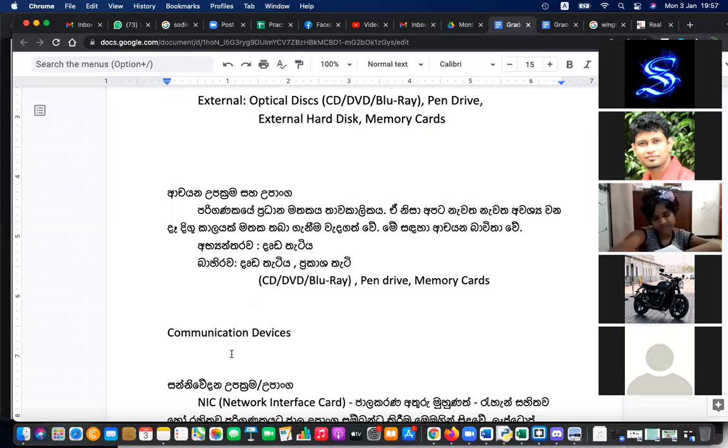The first one, NIC or network interface card. A separate card is available to desktop computers.